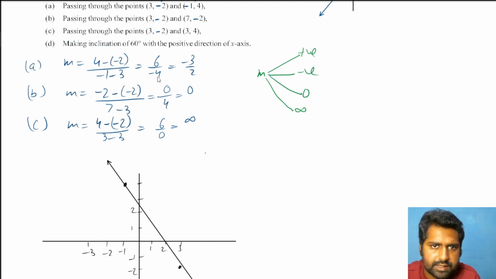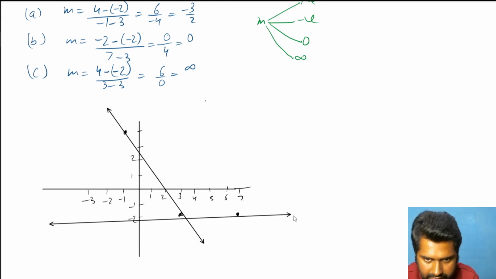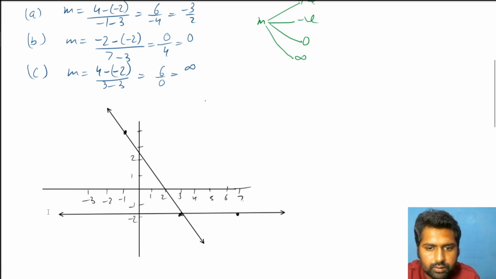Similarly, for the second part, 3, -2 and 7, -2. 3, -2 I have done. 7, -2, counting 4, 5, 6, 7, will be again here. If I join them, that's my B part. Let me change the colors.